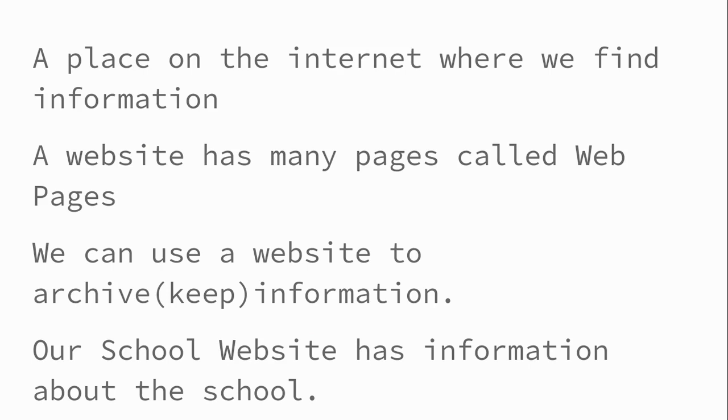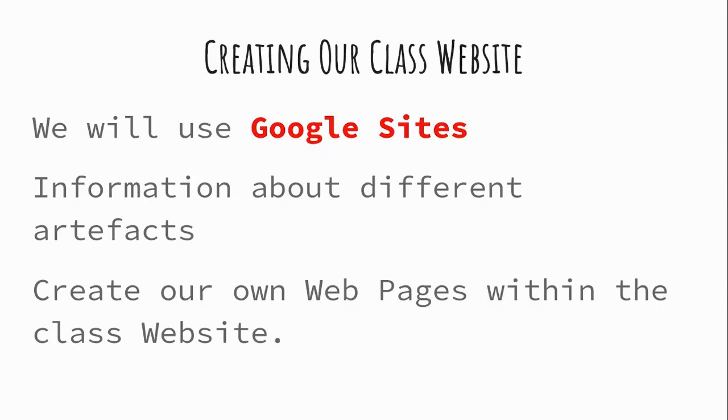So we use websites to keep information, and our school website has information about the school. Now, to create a website, you use different apps, but we are going to use an app called Google Sites. Google Sites is an app used to create websites.